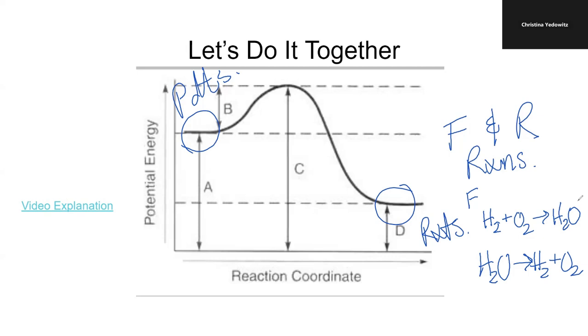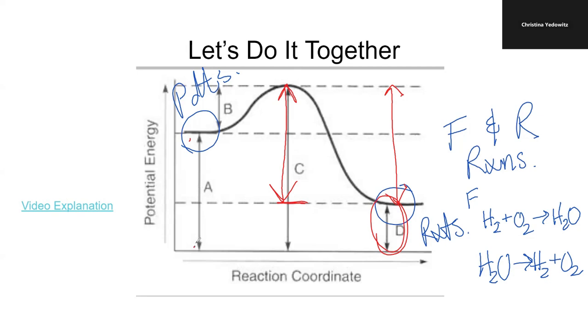If you read the reaction in reverse, this is the potential energy of your reactants. This line right here becomes the activation energy, the amount of energy to get from your reactants to your activated complex. This becomes the potential energy of your products.